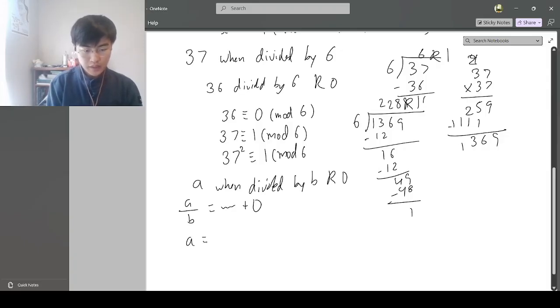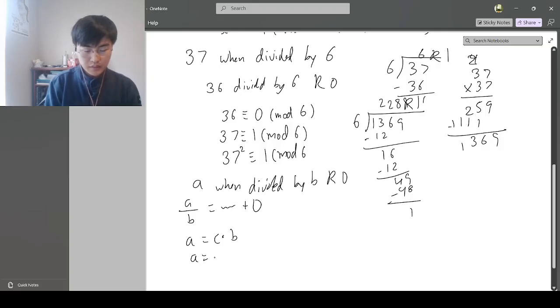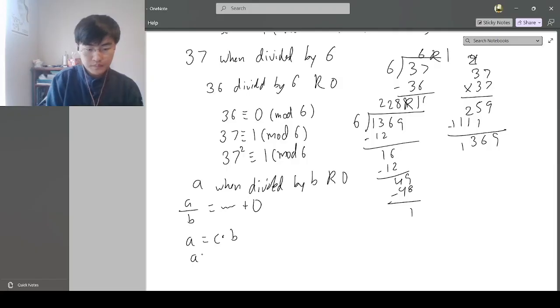I can say a is the same as some constant c times b. That's the reason why I would be left with some number that is fully divisible. So let's say we did a plus 1.